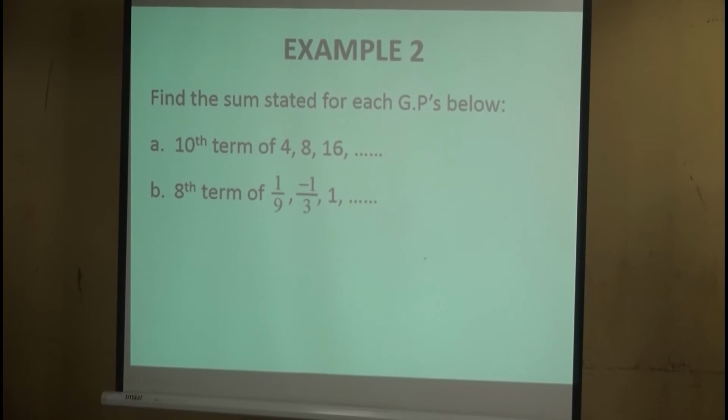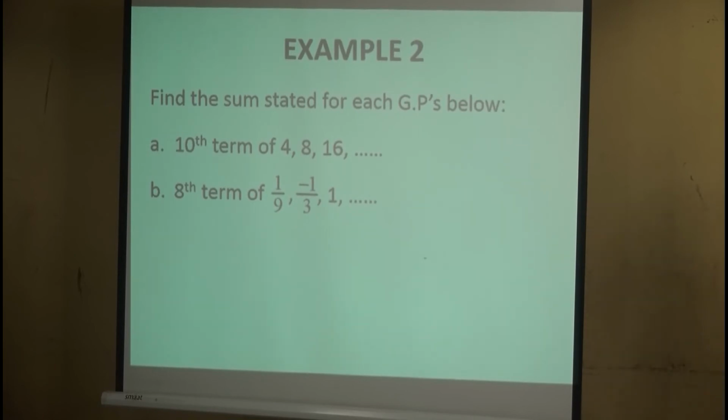And B, we are expected to find the sum of the first 8 terms of 1 over 9, minus 1 over 3, and 1.